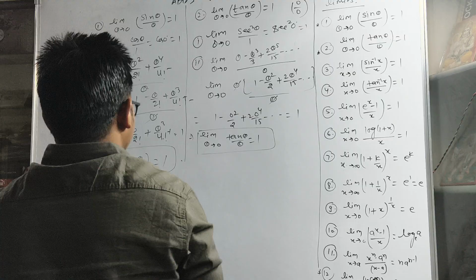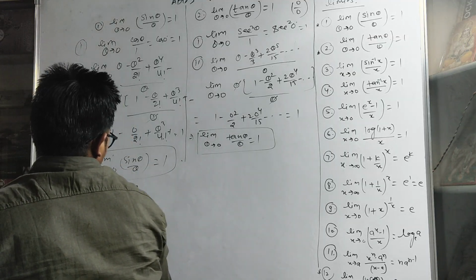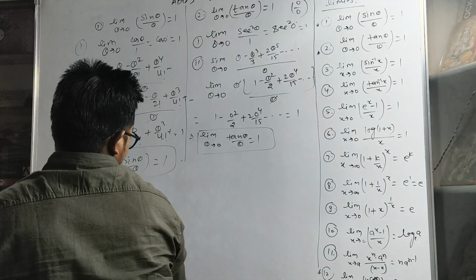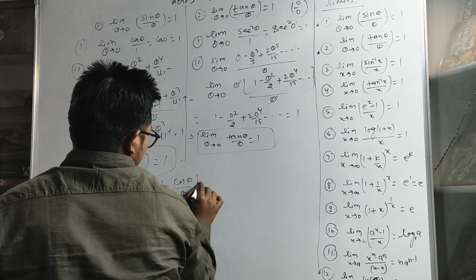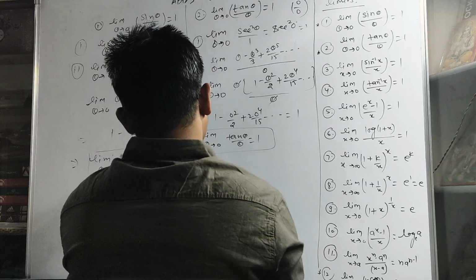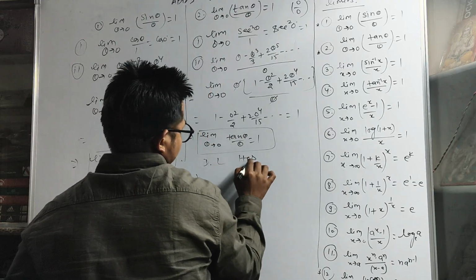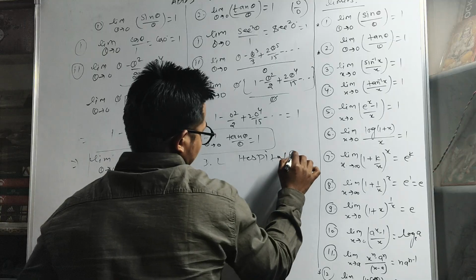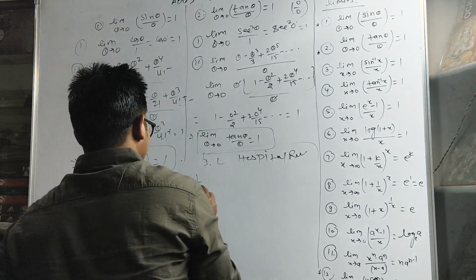Similarly we can prove the third result, that means the cos limit theta tending to 0 1 minus cos theta upon theta equal to 0 we have to prove. On applying L'Hospital's rule here, we can simply differentiate numerator and denominator separately.